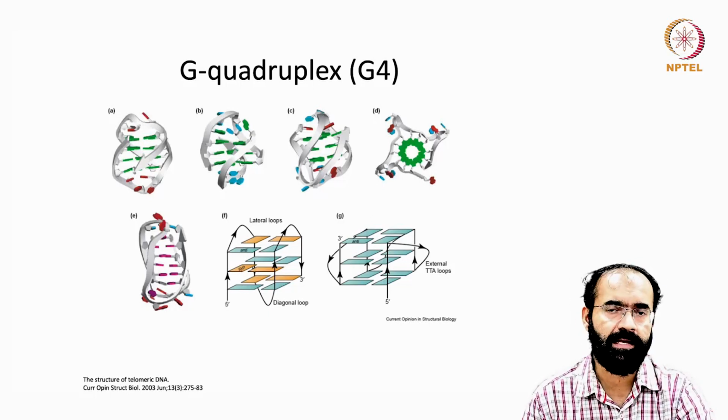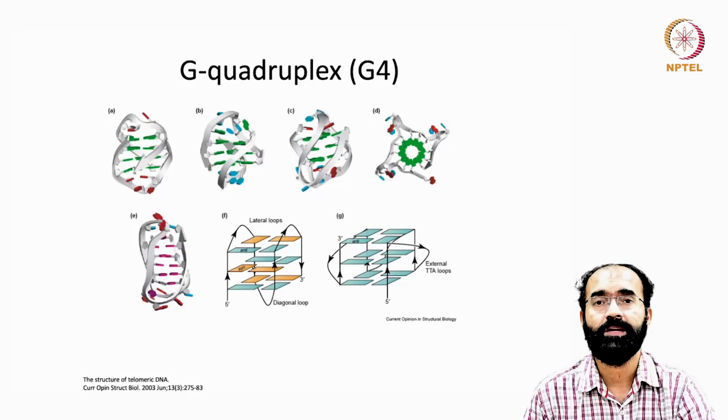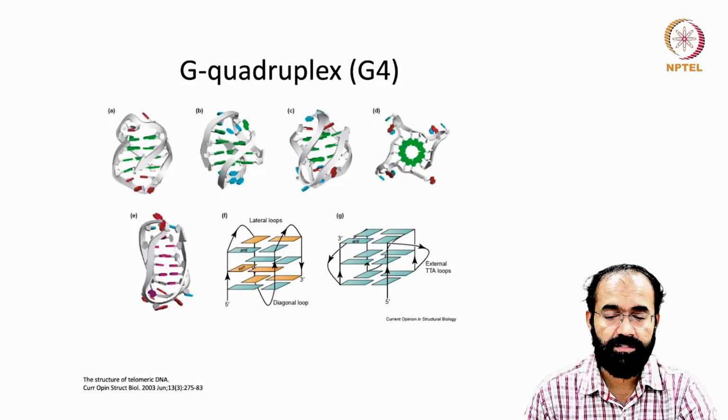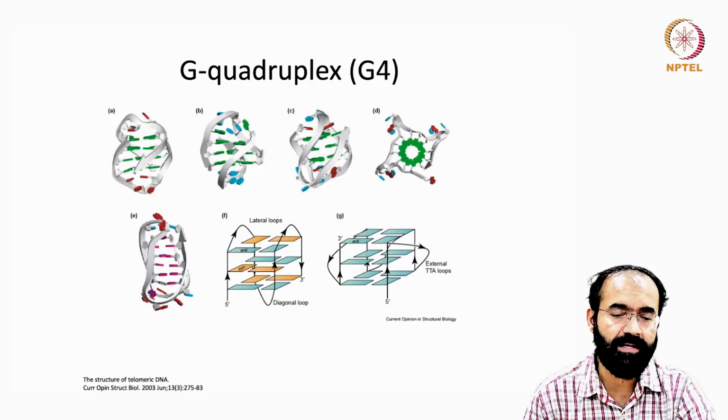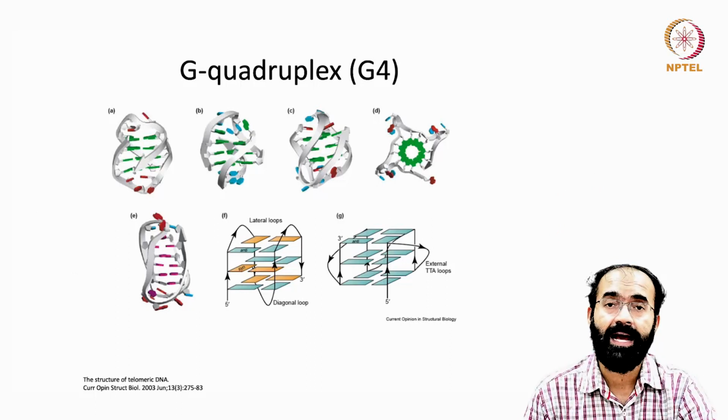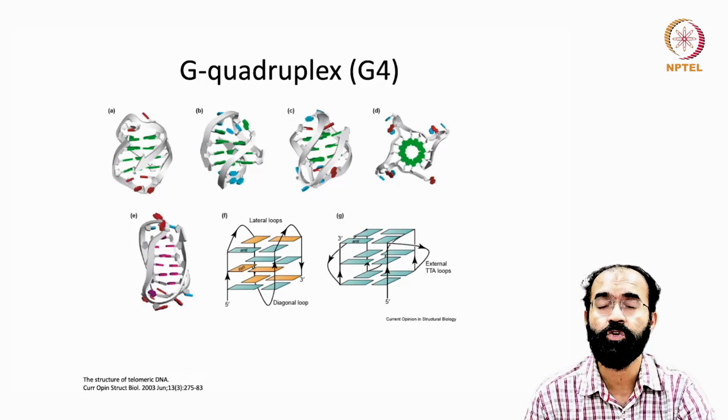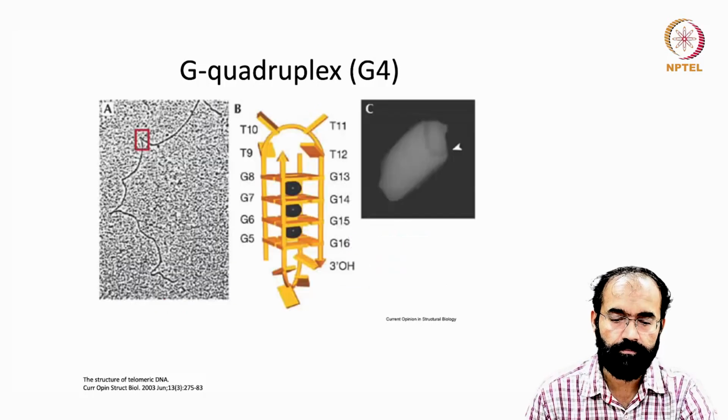Exactly like I told you, it will act like a helmet. The folding and formation of this unique structure happens in a stepwise manner, A, B, C, D, and that structure along with the proteins forms a nucleoprotein complex.